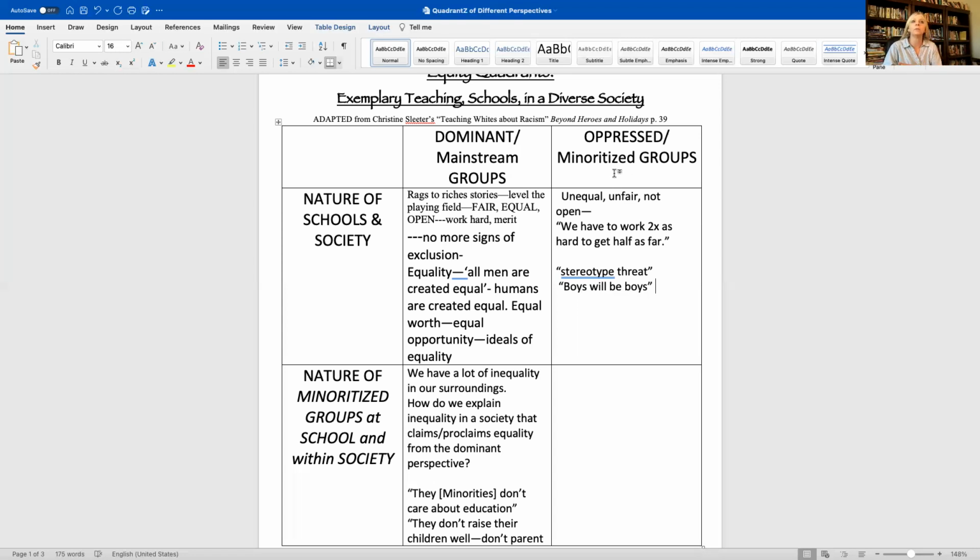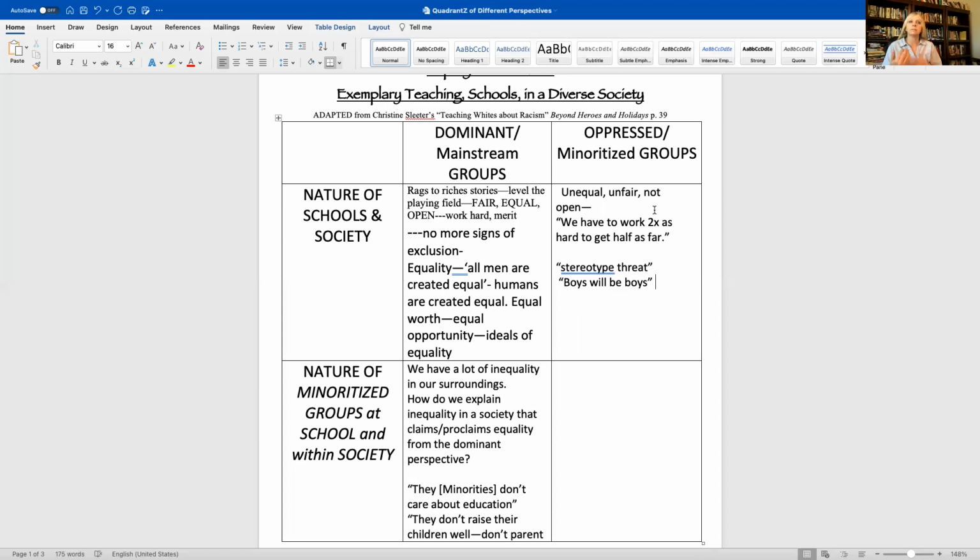So oftentimes from this perspective here, it's always this kind of monitoring of, I think you're thinking this about me, that I might snatch your purse. That's why you cross to the other side of the elevator or the sidewalk. Or you might think that I want to rape you or something like that, but I don't, but I'm aware that you might think that.